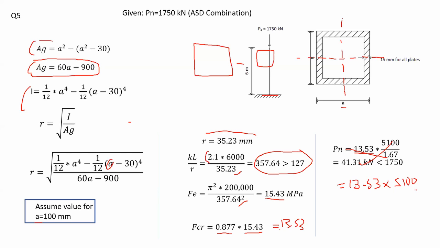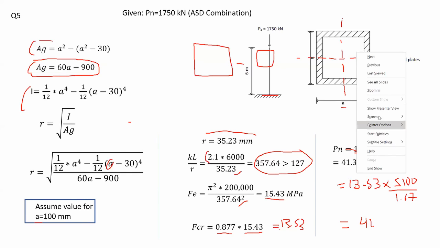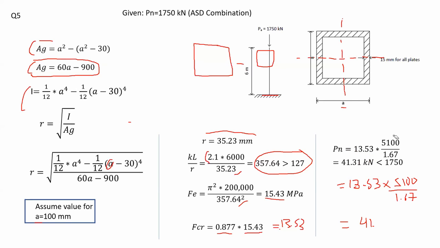And divide by the ASD factor 1.67. So this was correct actually. You would get your capacity based on your assumption equal to 41 kilonewton. So this part actually was correct. This is the area in here, and I have here FCR, and this is based on ASD.